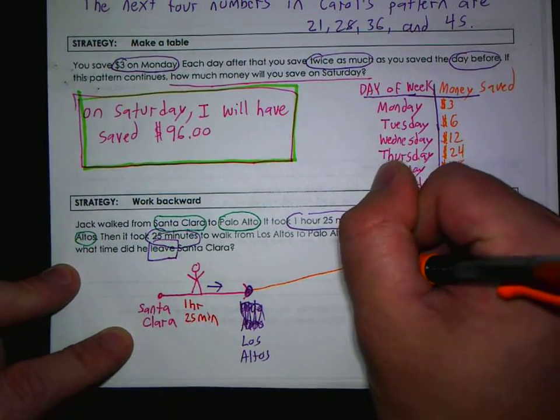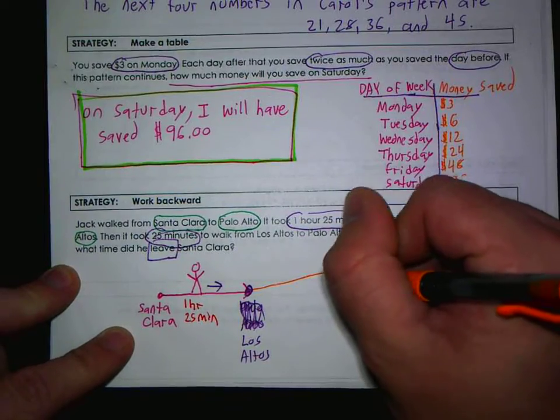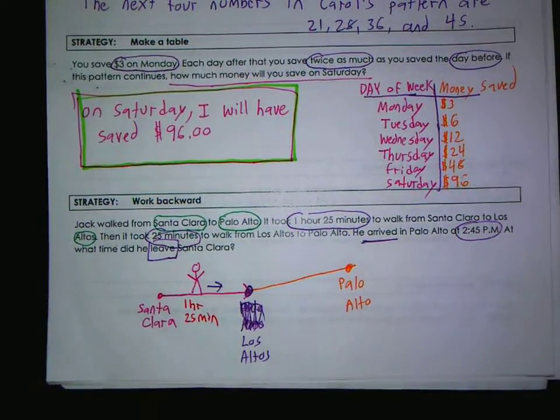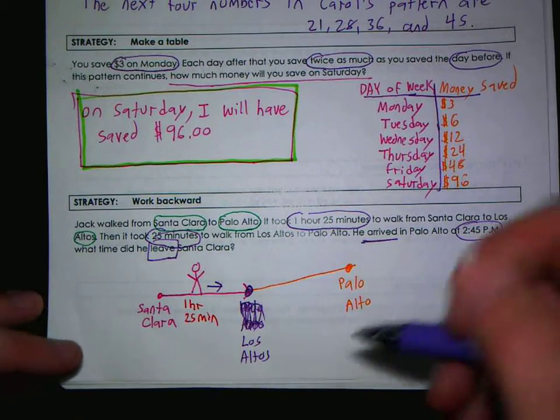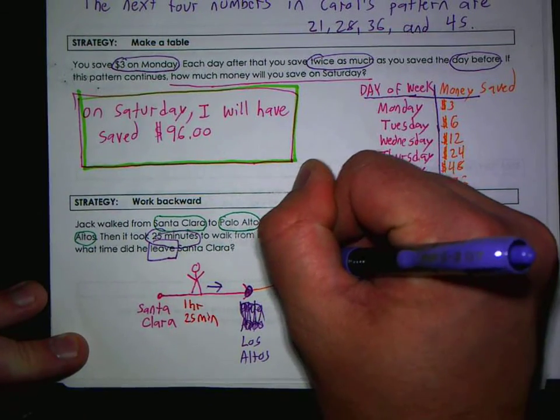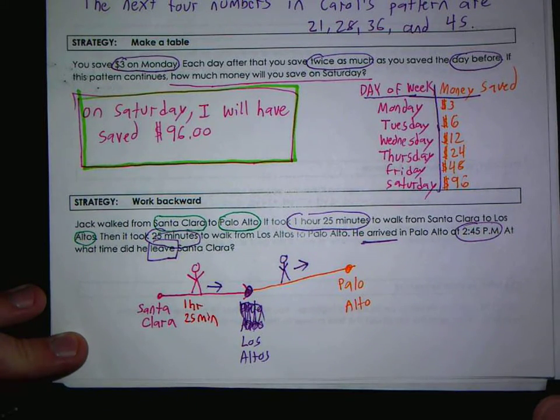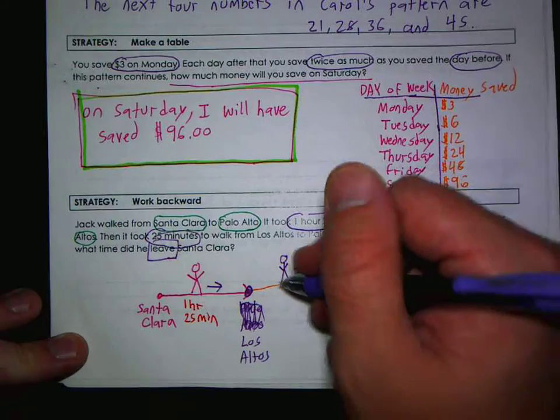We'll say Palo Alto's right here. So now we're still walking. We're walking this way. And it says that took them 25 minutes.